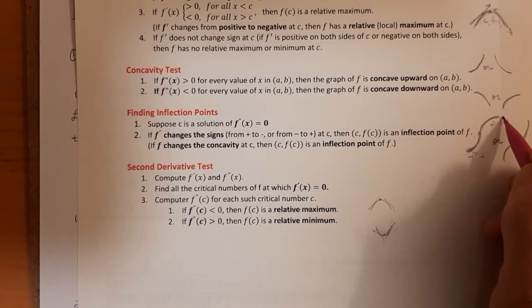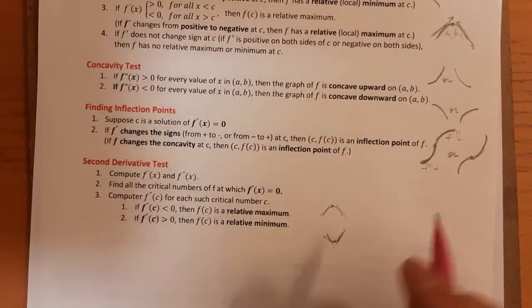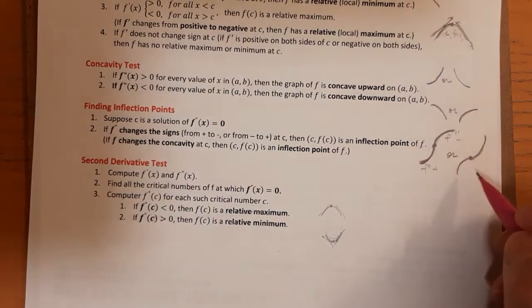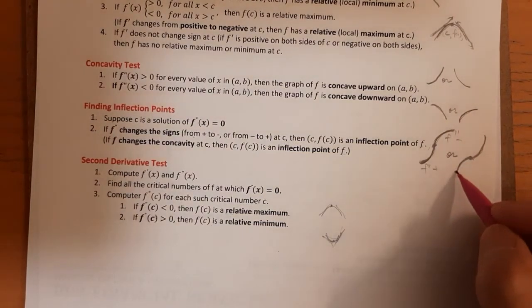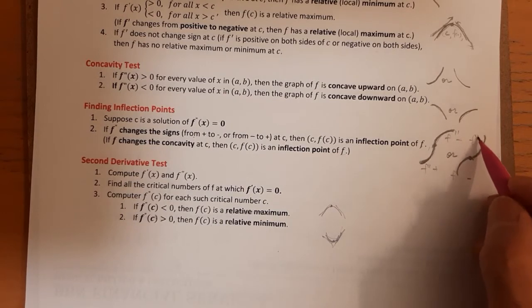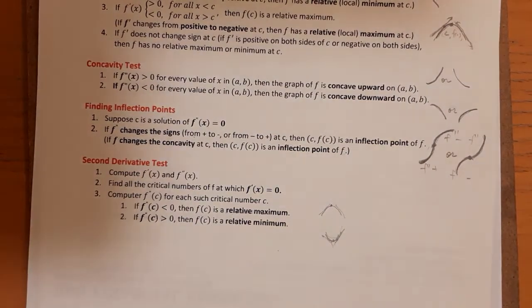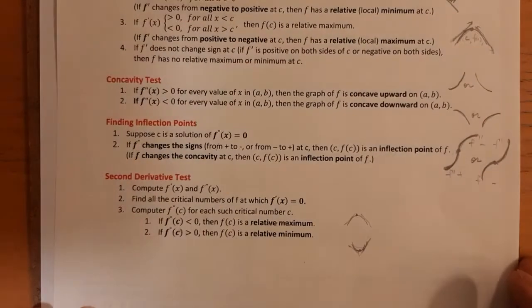Concave downward, f double prime is negative. So concave upward, then changing to concave downward, is a point of inflection. Or concave downward, f double prime negative, changing to concave upward, f double prime positive. That we call a point of inflection.